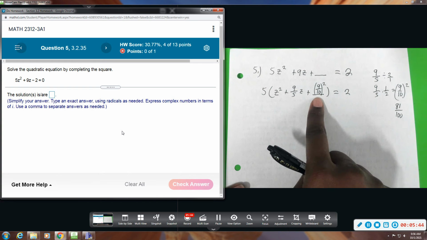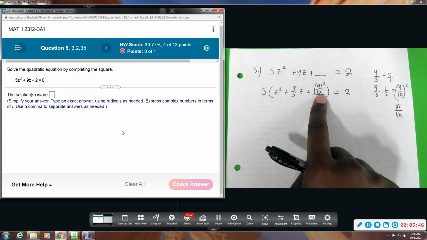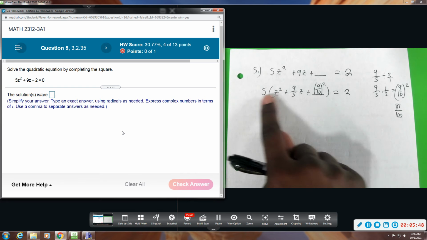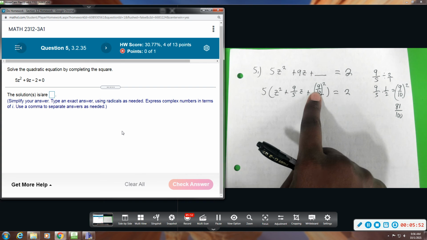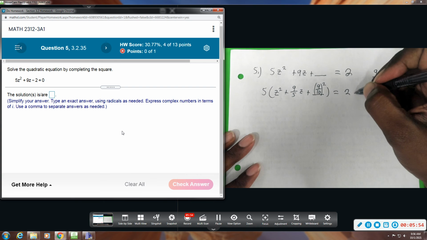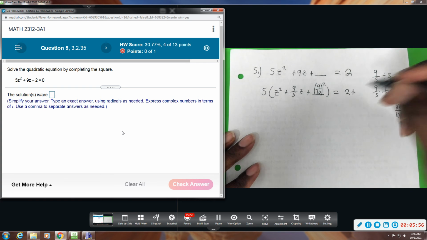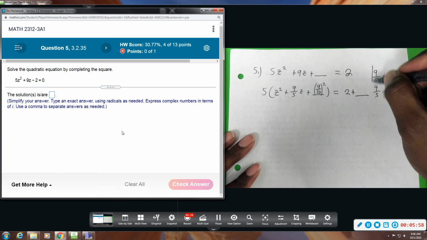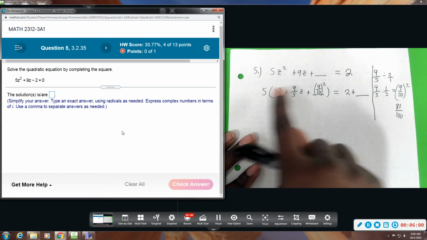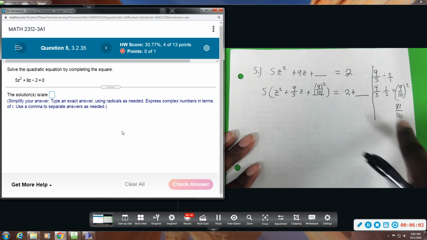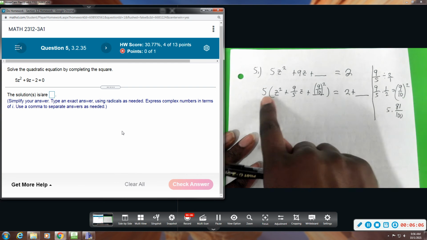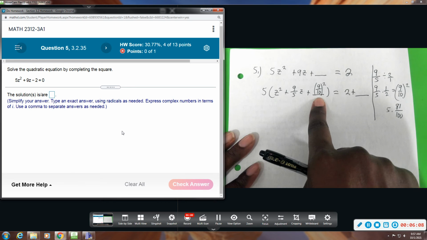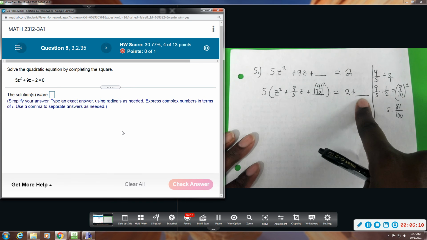Now, notice I just put this 9 over 10 in parentheses that is also getting distributed when I multiply by 5. So whenever I add it to the other side, I have to take that into account, that whatever number I added here is being multiplied by 5. So that means this number I need to multiply by 5 to figure out what exactly I added to this side exactly, so I can add the same thing to this side.